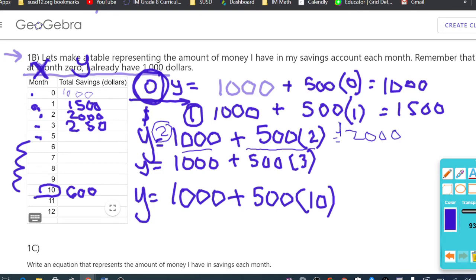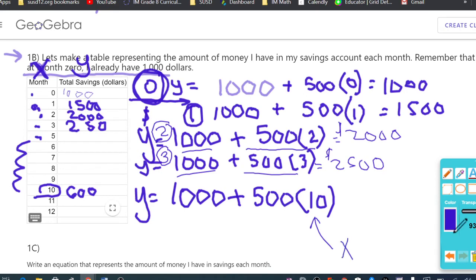So do you recognize a pattern? Look again now. At the end of the third month, I had $1,000 plus $500 a month times 3 months. $2,500.